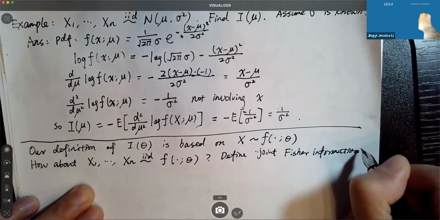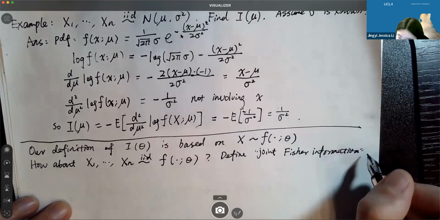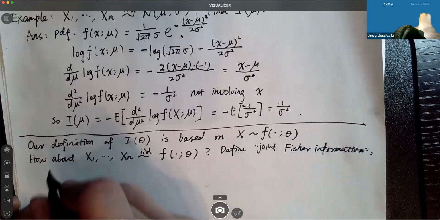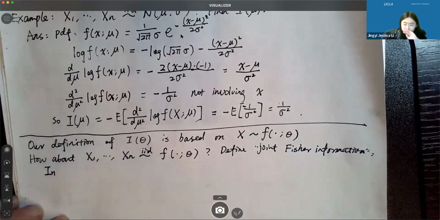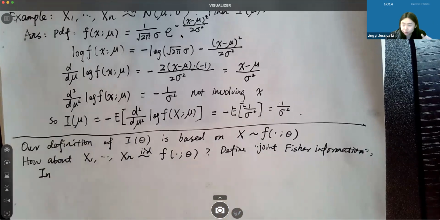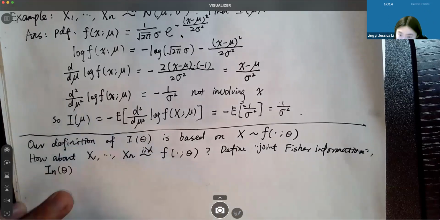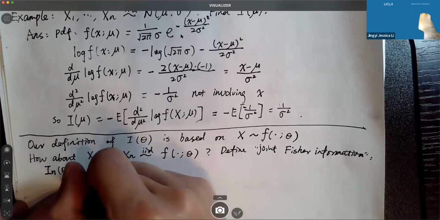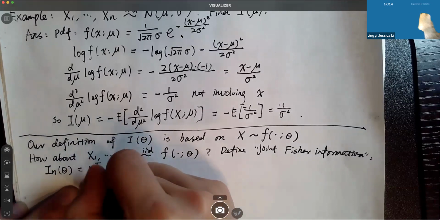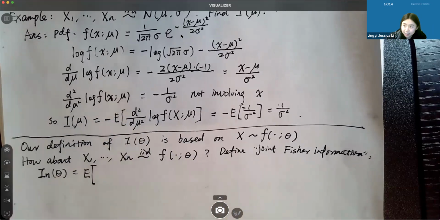The joint Fisher information in some textbooks is written as I_n, putting the number of random variables, or the random sample size, in the subscript. I_n theta is defined in the same way: the expectation of the squared first derivative of the log density. But here the density is the joint density.